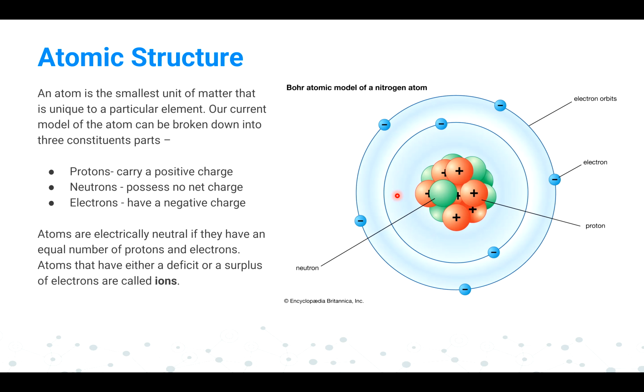According to Bohr, two fundamental particles, that is proton and neutron, are present in the nucleus, and electrons revolve around the nucleus in an orbit, right? And the charge carried by these fundamental particles: the positive charge is carried by protons, the electron carries the negative charge, and the neutron has no charge.